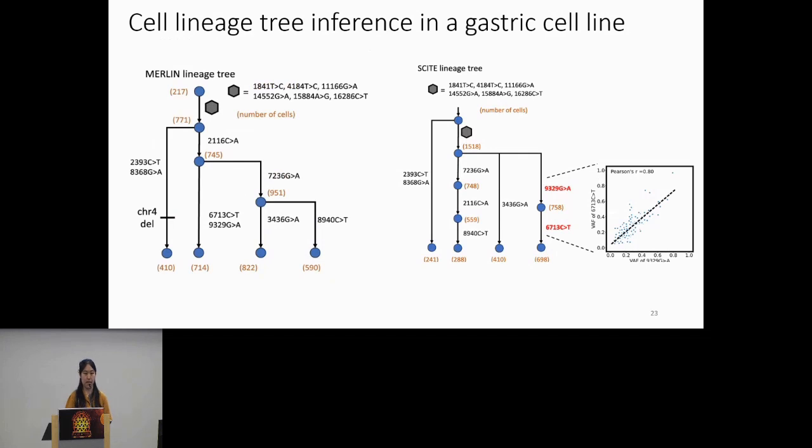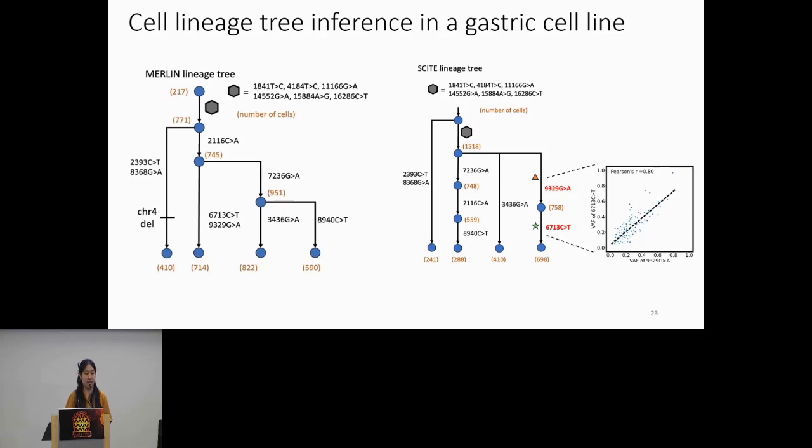We also tried other methods such as CITE on the same dataset, and here is the mutation tree identified. The issue here is that on two separate edges, highlighted in red, which stand for two independent mutations, these two mutations show a very high Pearson correlation in the variant allele frequencies.